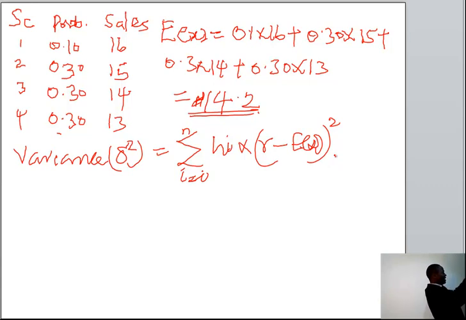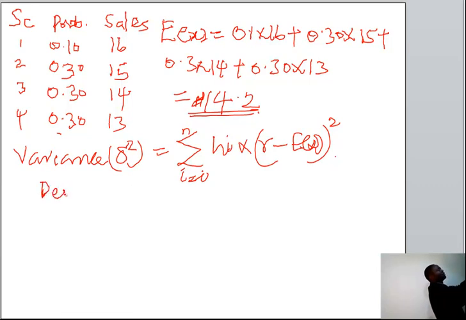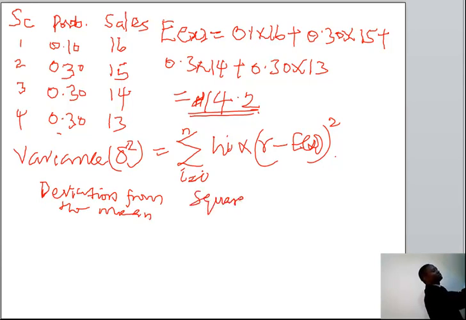So to calculate the variance, we have the deviation from the mean, and we have their squares. For the first scenario, we have 16 minus 14.2, which is the expected value, which is equal to 1.8. If you square it, we have 3.24.